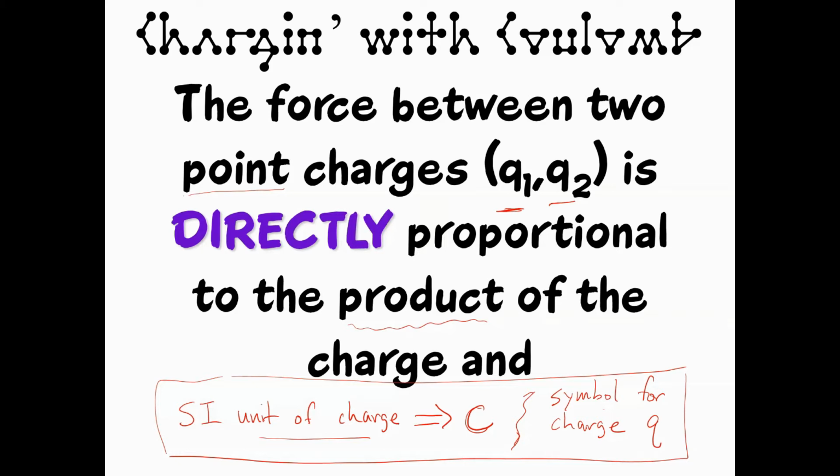What is the product of 5 and 4? The product of 5 and 4 is 20. Product is multiplication, 5 times 4. So, if Coulomb's law says that the 2 point charges are directly related to the force, that means you would multiply the two together. Now that's the first portion of Coulomb's law.